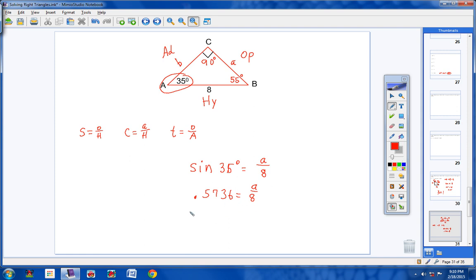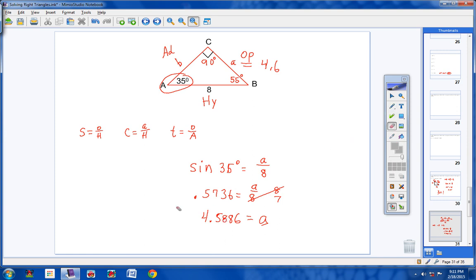So I'm going to take 0.5736, multiply it by 8, and I'm going to get 4.5886. And if you multiply this side by 8 over 1, your 8's will cancel, leaving you with A. So I found the length of A. A is 4.6, okay? Everybody with me?